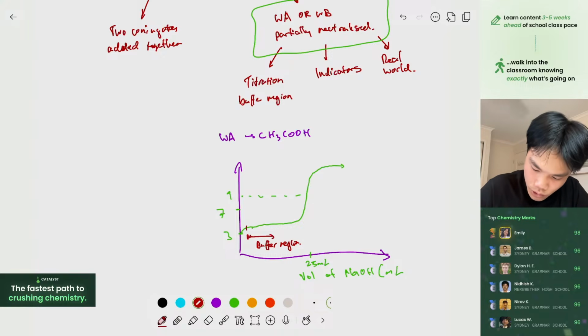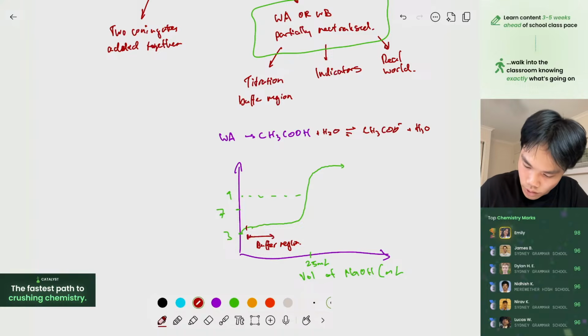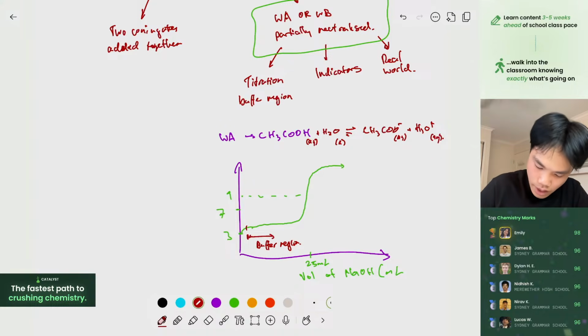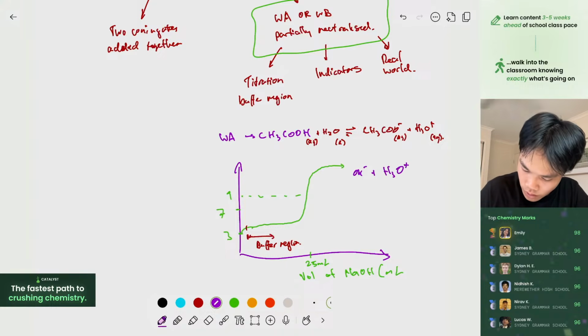So we know the CH3COOH dissociates, let's do it the Brønsted-Lowry way, into CH3COO minus plus H3O plus, and we're adding in OH minus, so the OH minus reacts with any free H3O plus to make H2O.